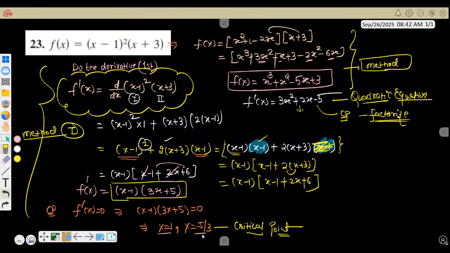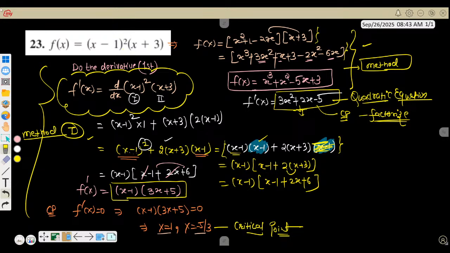You have to only put equal to 0. But this expanded form increases my steps. See, this step is extra, this step is extra, and then again if I have to make factorization, this step is extra. So this increases my workload, but this is a very easy method.